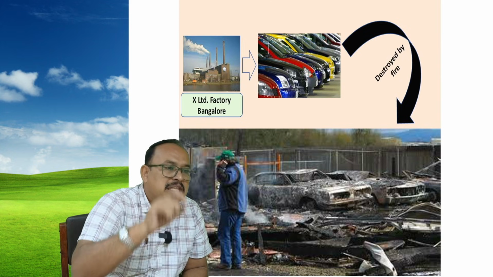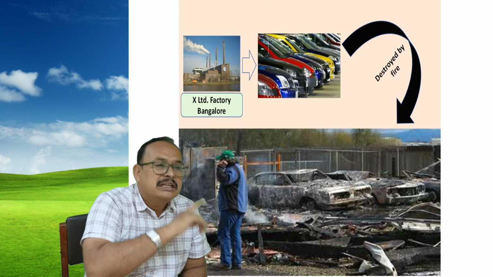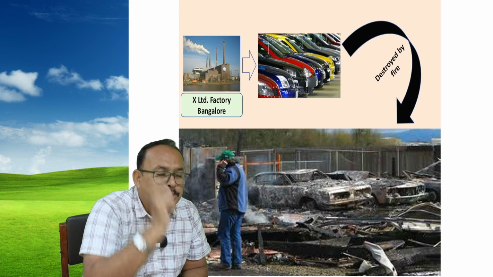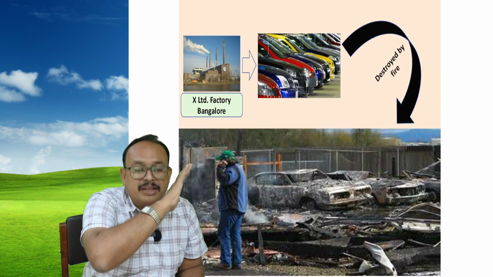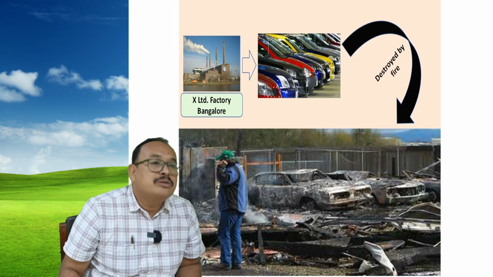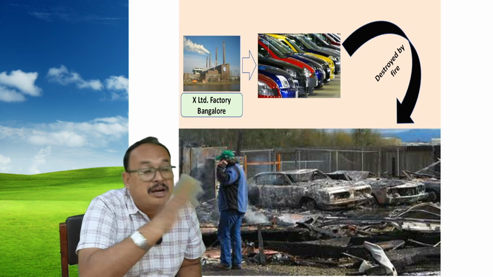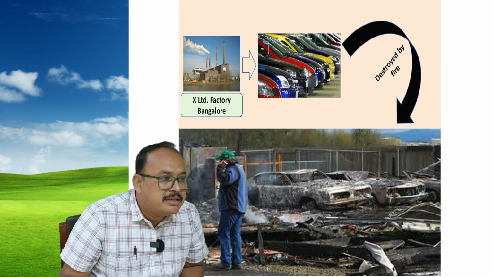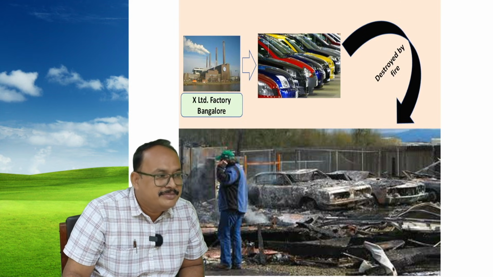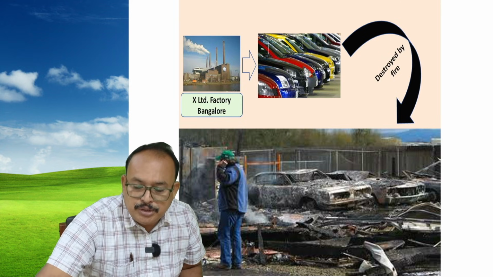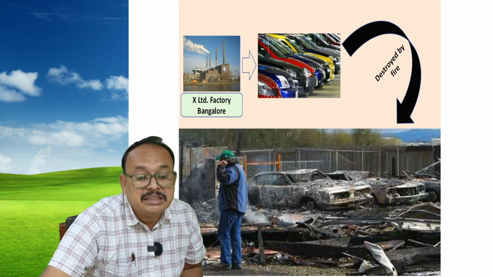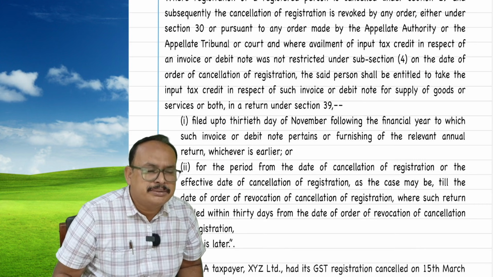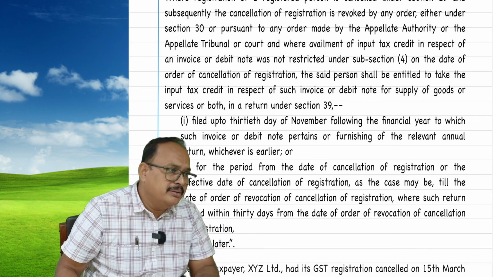ITC is not allowed if the goods are given free of cost. ITC is not allowed if the goods are distributed as sales promotion. ITC is not allowed if the goods are written off in the books of accounts. Get my point, sir? Thereafter, we have a section called section 17 subsection I, the last one.